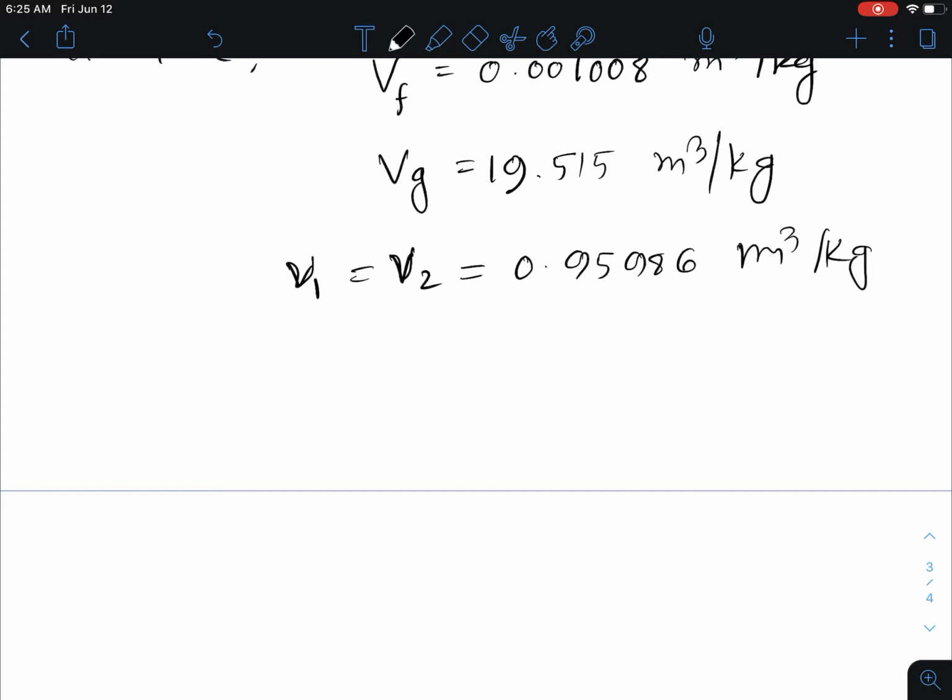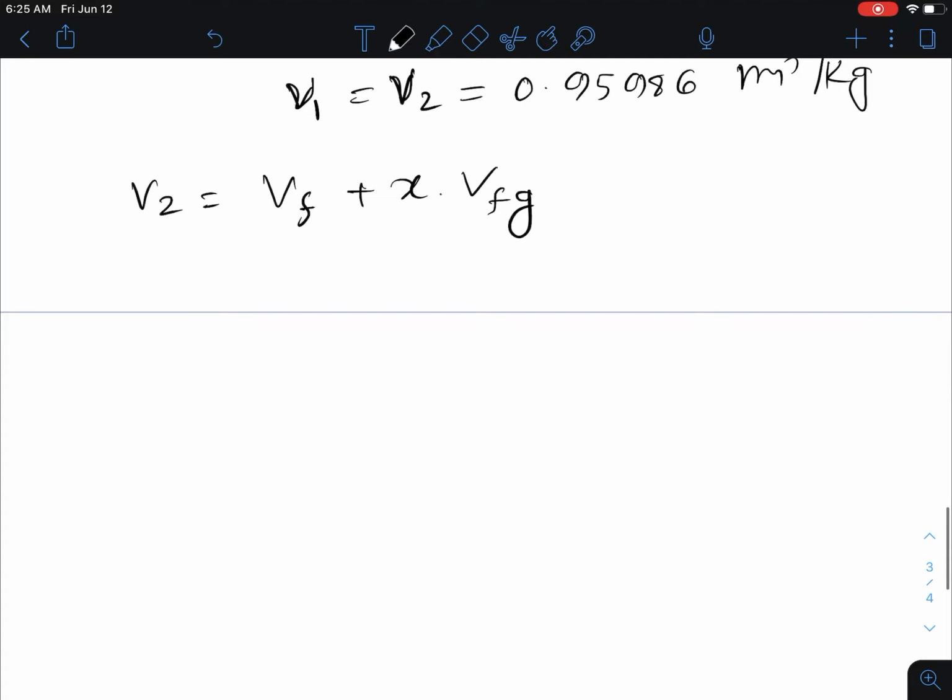So we know that v2 equals vf plus x times vfg, right? So from here we can calculate the quality of the vapor liquid mixture. So let's plug in all those values.